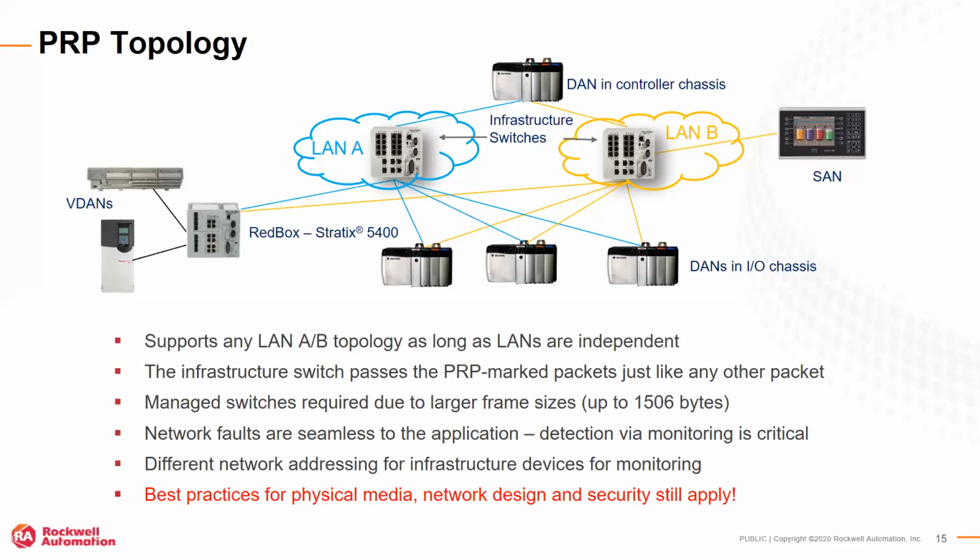One of the reasons is that we have 2 independent networks that communicate independently, and the application doesn't recognize any faults that would happen. So the network infrastructure needs to be able to recognize its own faults, and that's why we recommend using managed switches inside the LAN A and LAN B infrastructure.